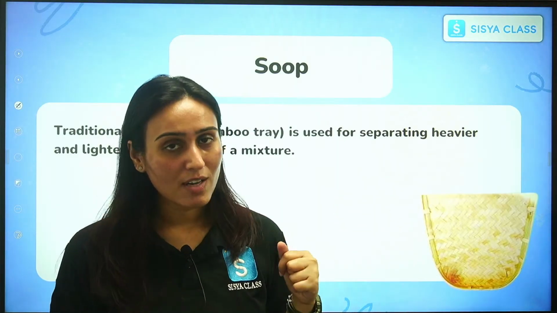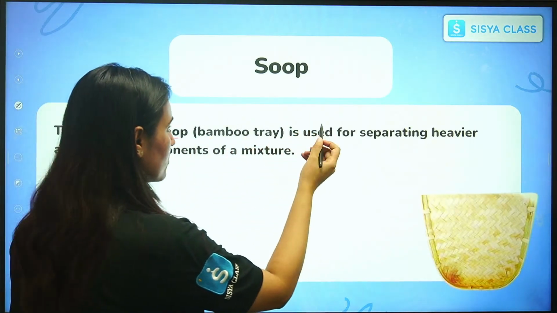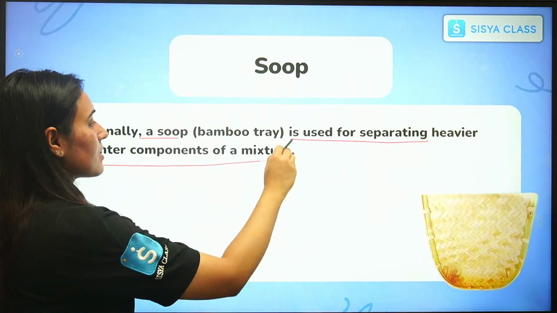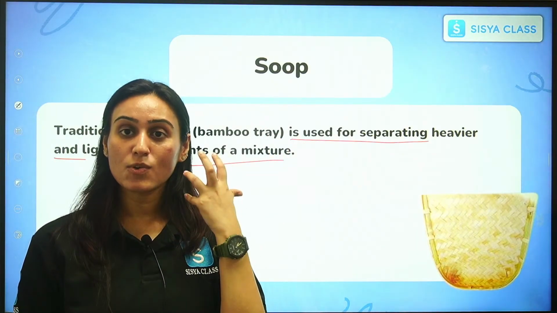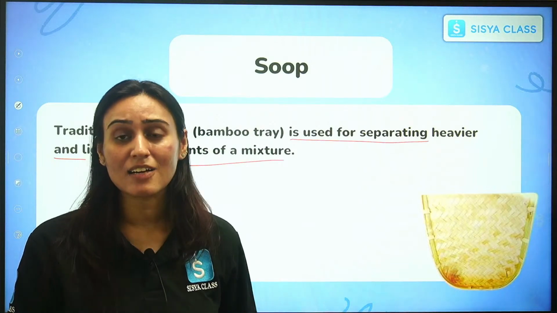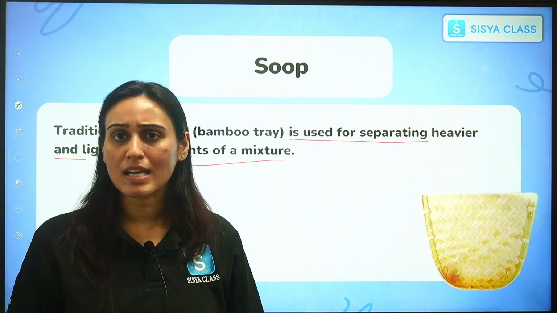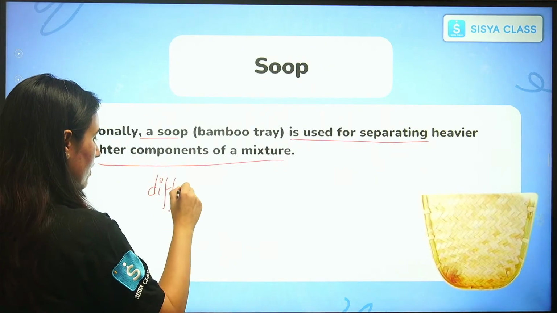Let's find out, everyone. Okay, so first of all, traditionally a bamboo tray is used for separating the heavier and lighter components of a mixture. So the principle is the same that we were talking about. We are using the difference in density, or mass, to separate out the components of the mixture.